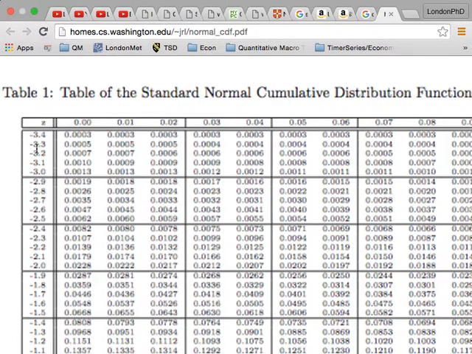So minus 3.32. I have the minus 3.3 here. I just need to add the 0.02. So I go right under the 2, and this is the p-value for one side.